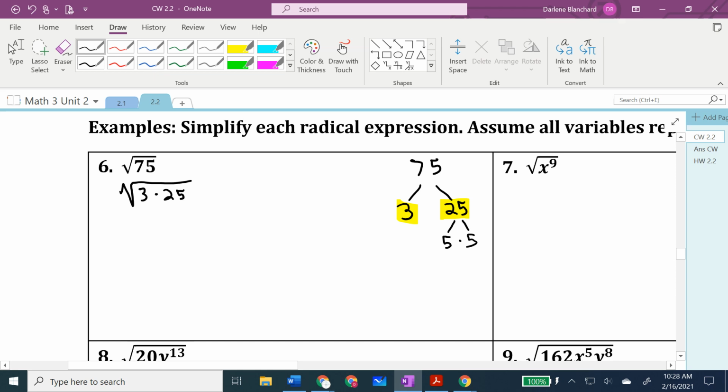You are allowed to distribute a root over multiplication. And the square root of a perfect square number, 25, is 5. But to avoid accidental mistakes, bring that 5 in front of the square root.